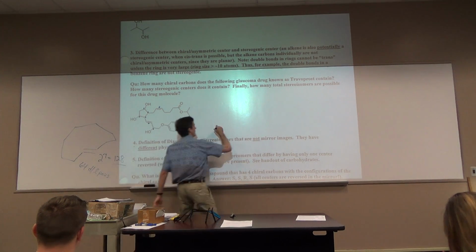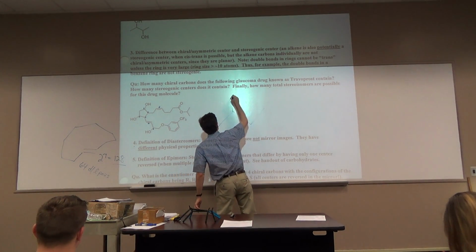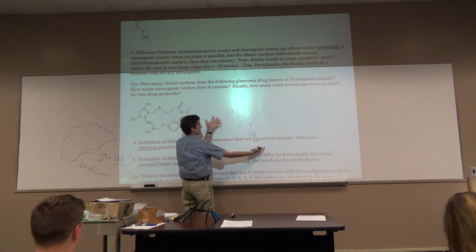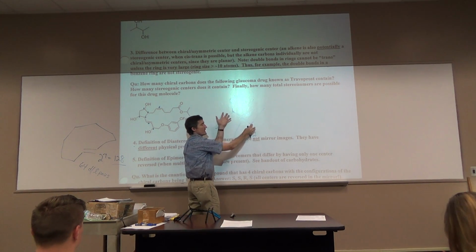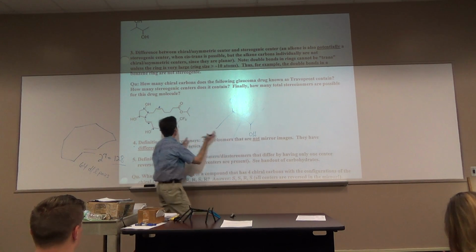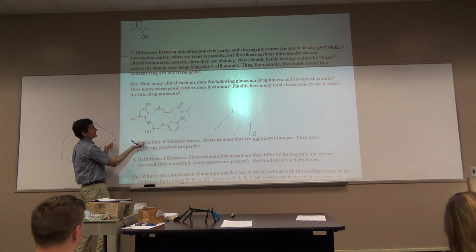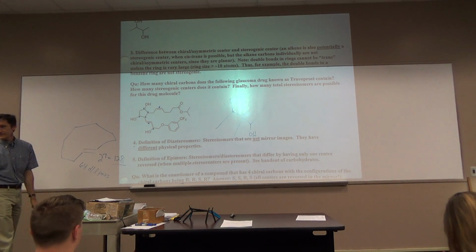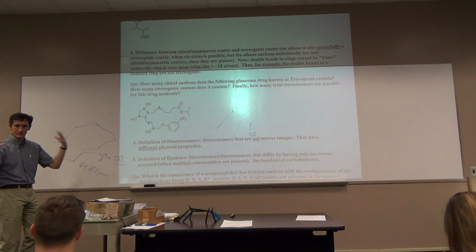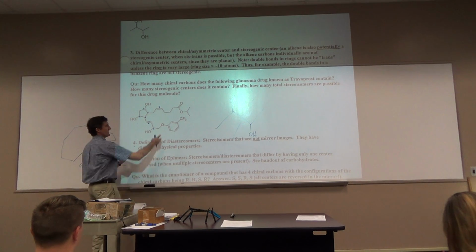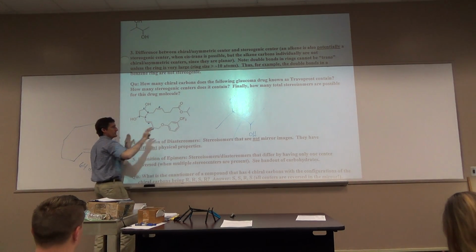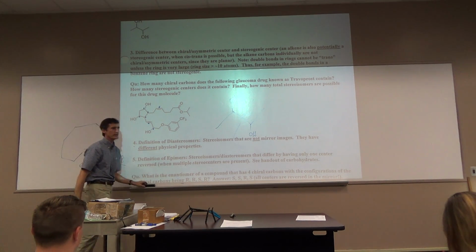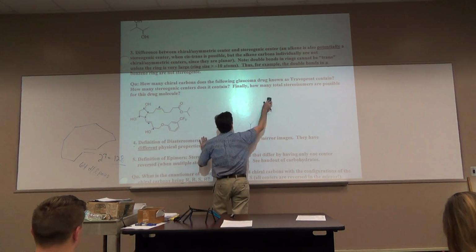Where could one side be the same as the other? Nowhere. You're not going to have a meso. None of them is going to be meso. There'll be 128 total.